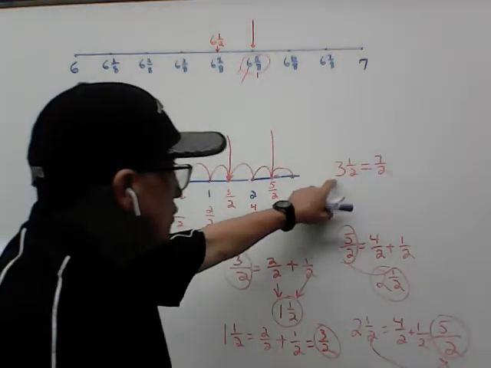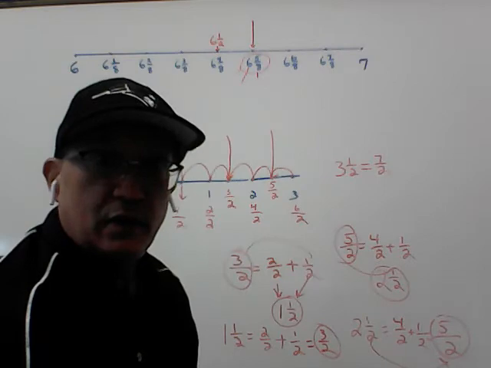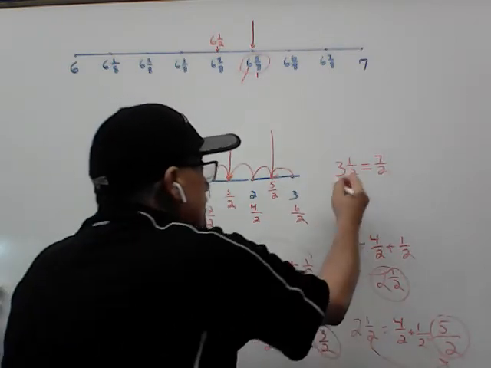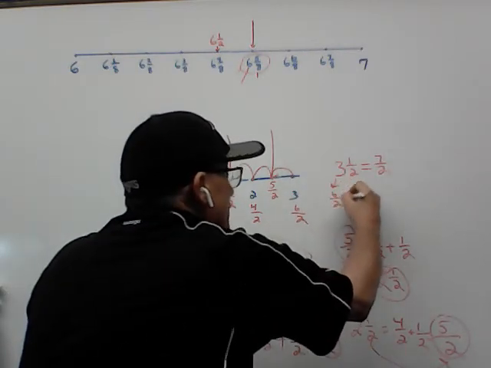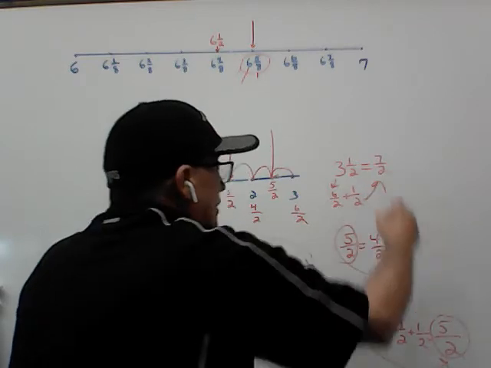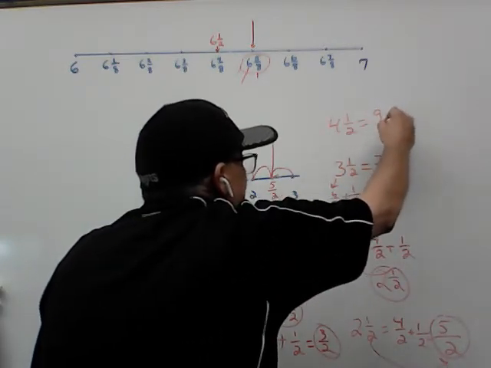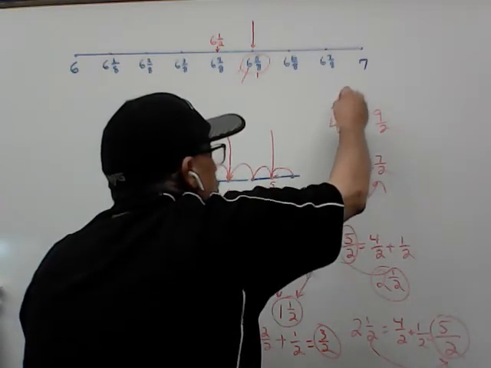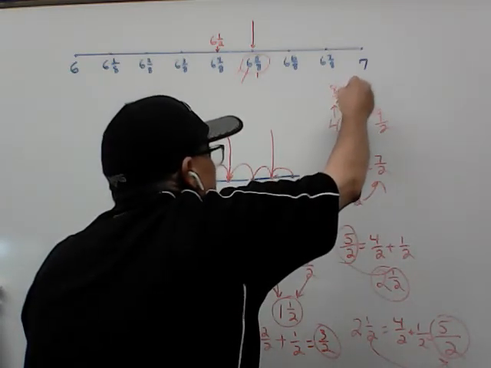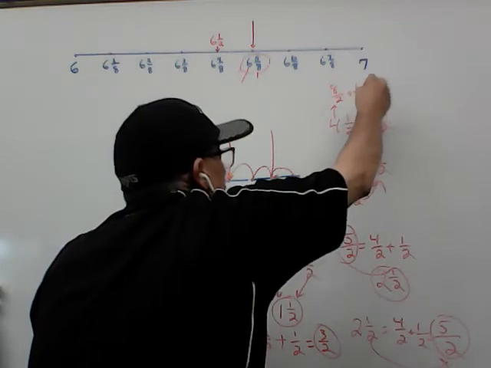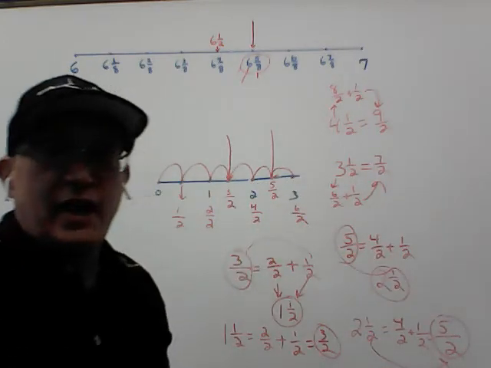The formula tells us 3 times 2 plus 1 to get the 7. 6 plus 1, 7. This 3 is 6 halves, plus the additional 1 half is 7 halves. 4 1/2 is 9 halves, because the whole number 4 all by itself is 8 halves, plus 1 half gives us the 9 halves.